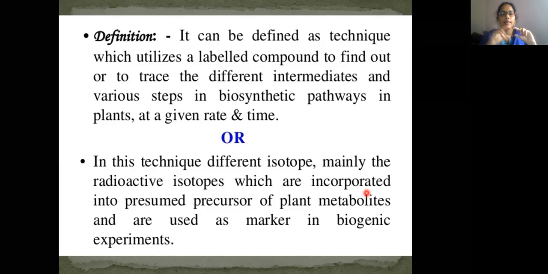The intermediates formed will also contain the radioisotopes, and finally the product will also contain the isotopes if this precursor was involved in its formation. So these radioisotopes act as marker compounds in the study of biogenetic experiments.